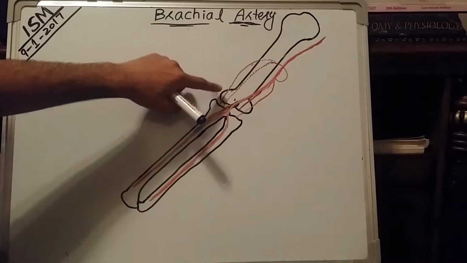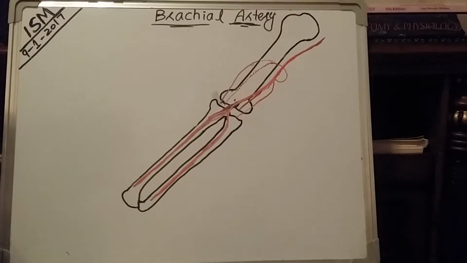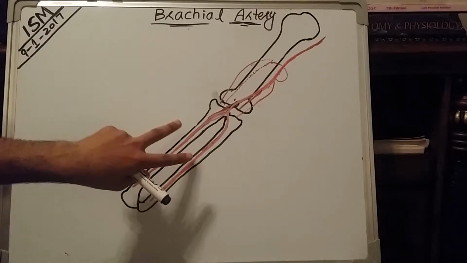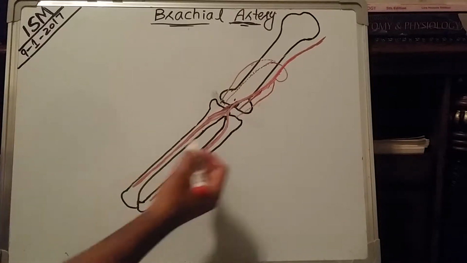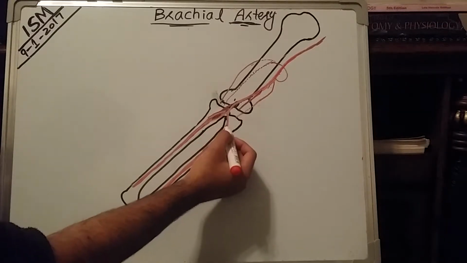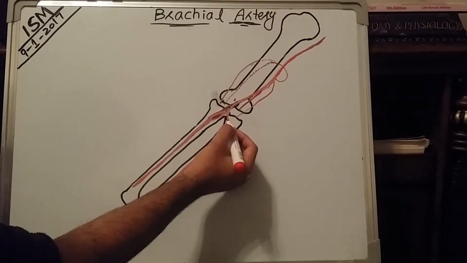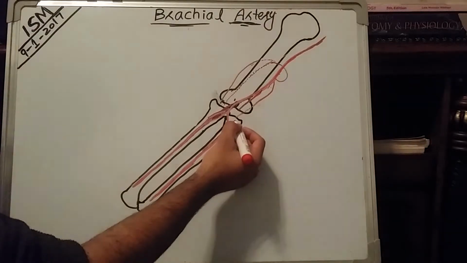Why did I stop all these arteries here? Because these arteries coming downside form anastomosis with those arteries given rise by the radial and the ulnar arteries. The artery which originates from the ulna, the first one, is the anterior ulnar recurrent artery, going upside.